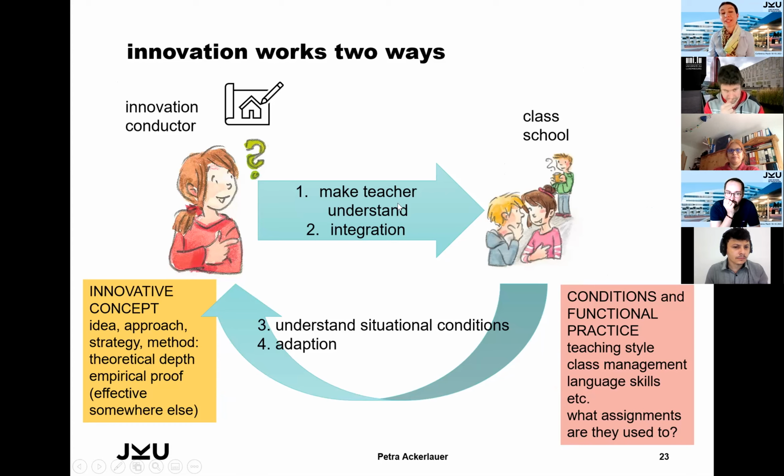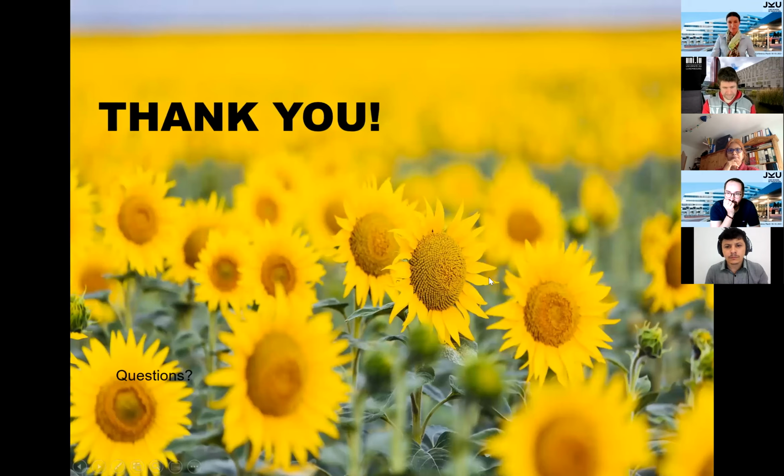On one side, I have to make the school and the class understand what my idea is, and on the other hand, also I have to understand the situational conditions. Maybe the language resources of children is very important, and then adapt my model or my innovation to what I have and what the children can work with. Okay, thank you.